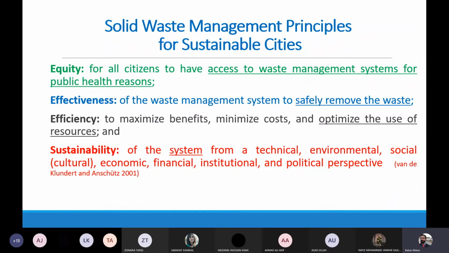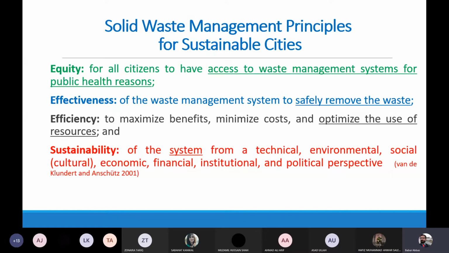Sustainability of the system from a technical, environmental, social, economic, financial, institutional, and political perspective must be ensured after the implementation of all these three principles which were discussed previously.